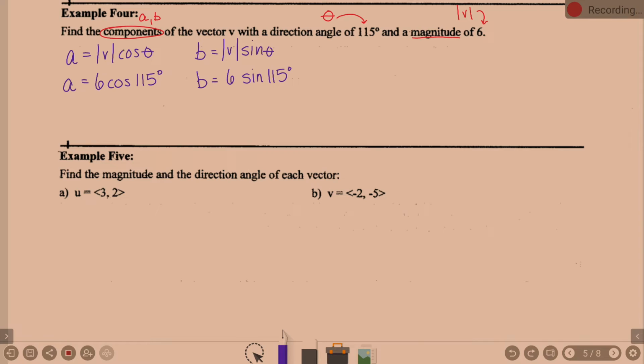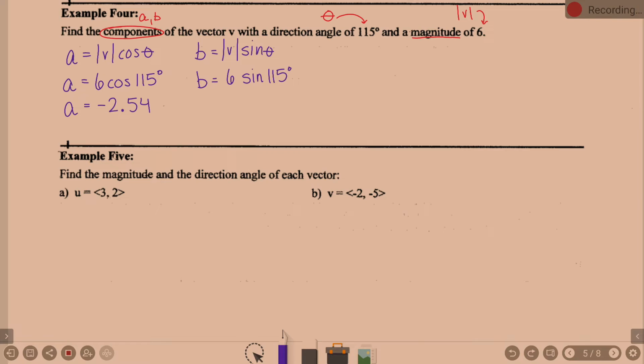So what is 6 times the cosine of 115 degrees? -2.5. I have 2 decimal places written down. Is it going to say 2 decimal places?